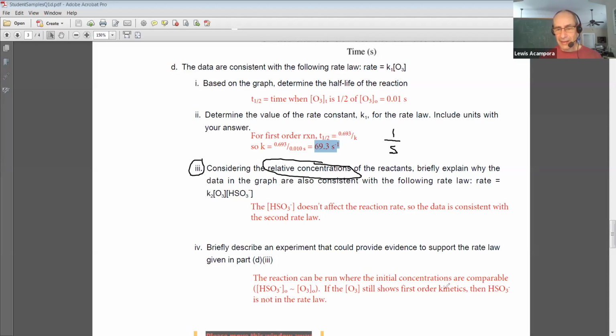And then part IV, well, actually, I'm going to go back and say that I wouldn't earn a point here either. While you can run the reaction where their initial concentrations are comparable, and this is true, all this would say is that the HSO3 is not in the rate law.